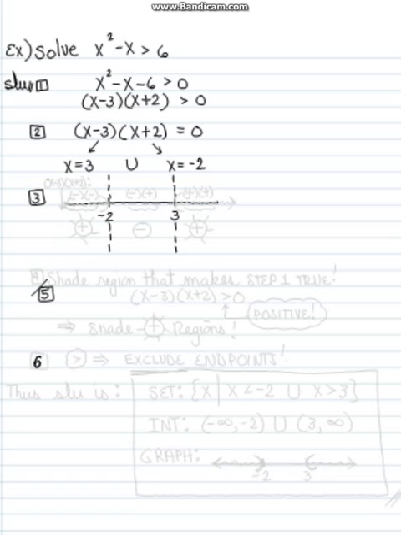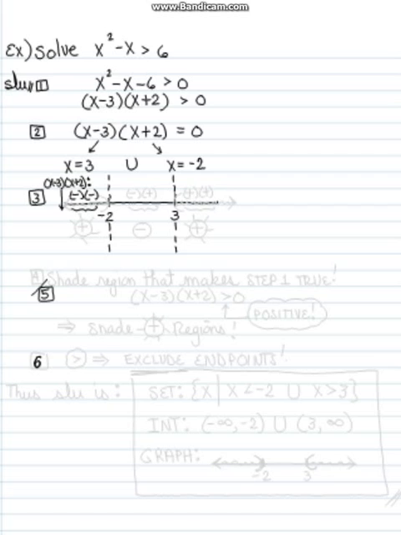Now we're going to do step 4. Well, actually, this is where we find the positive or negative sign of each of the factors and their product in each of the regions. So what I'm doing here is I'm looking at each of the two factors, x minus 3, and the second factor, x plus 2, in the parentheses.